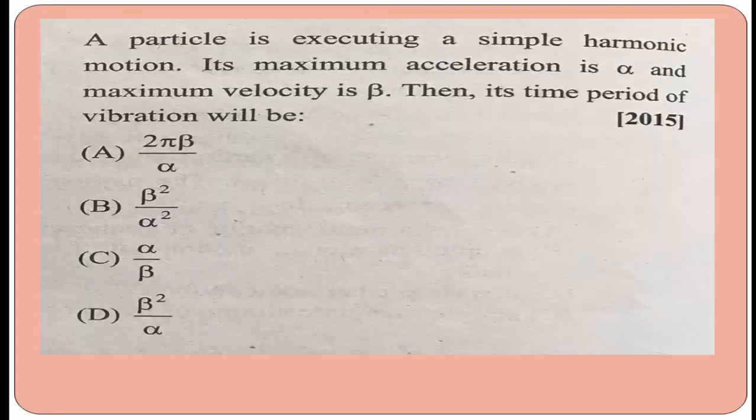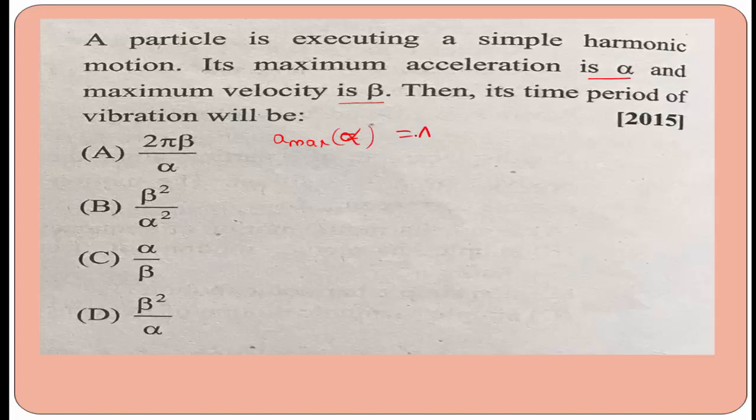Next problem is, when a particle is executing simple harmonic motion, its maximum acceleration is alpha and maximum velocity is beta, then its time period of variation will be. We know the formula. The maximum acceleration is alpha.